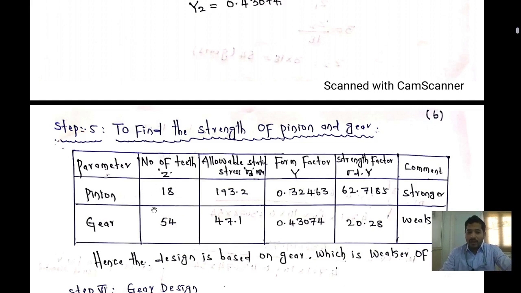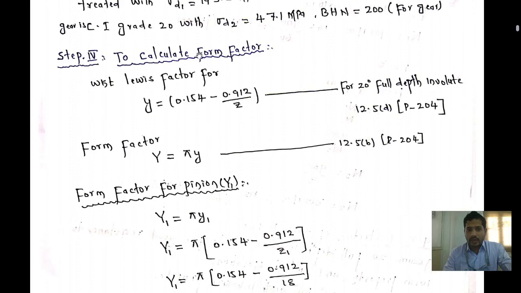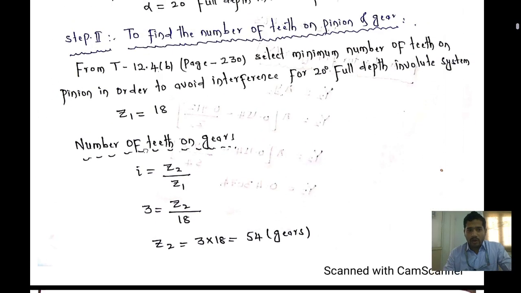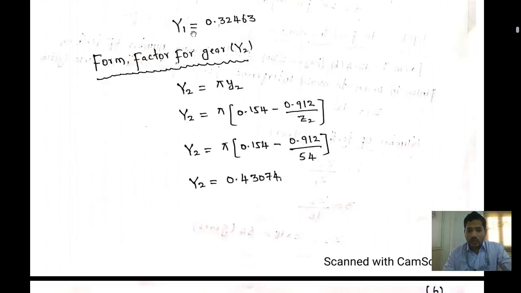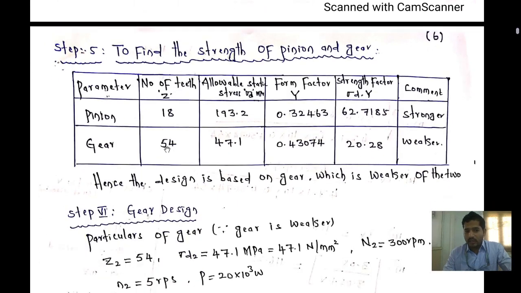With the help of 18 we can easily find the number of teeth of the gear, which we found here as 54. So the number of teeth of the pinion is 18 and of the gear is 54. Just substitute 18 and 54 over here.